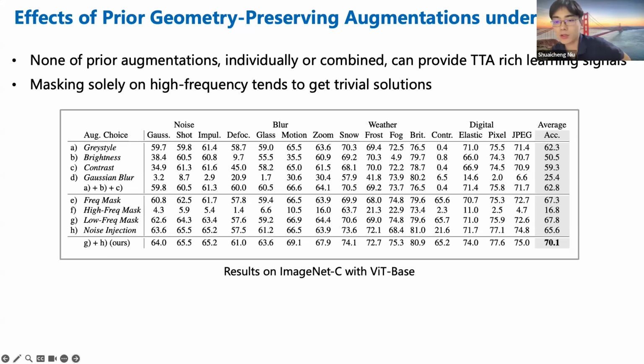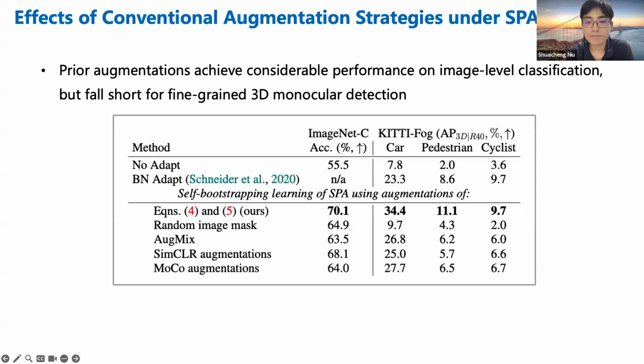Moreover, it's worth noting that masking only on high frequency amplitude often gets trivial solutions. This is because masking high frequency gets very limited learning signals because the IPS value is very small at high frequency. This is also consistent with our prior analysis regarding the domain shifts in frequency domain.